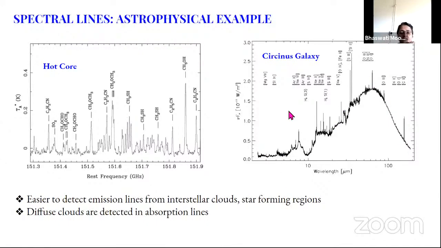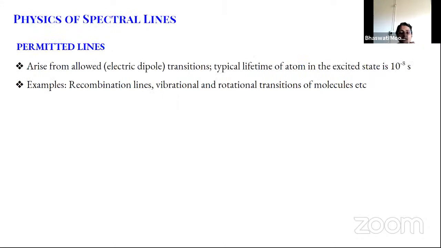So it's much easier to detect these spectral lines in emission towards the hot interstellar medium and galaxies. And the diffuse clouds are typically detected in absorption lines, because there it is much easier to detect them. So finally, just to wrap it up, what are the spectral lines that we are talking about?